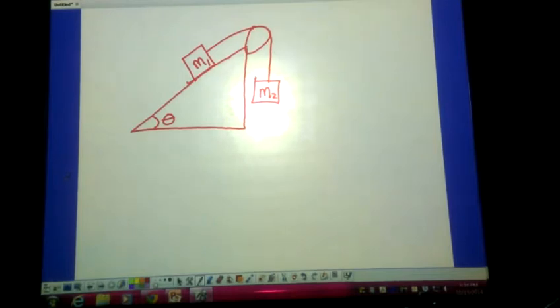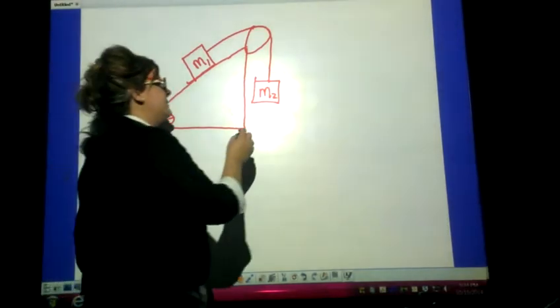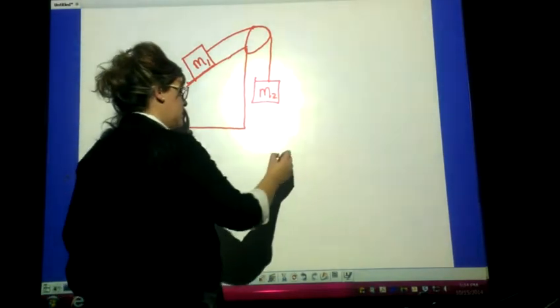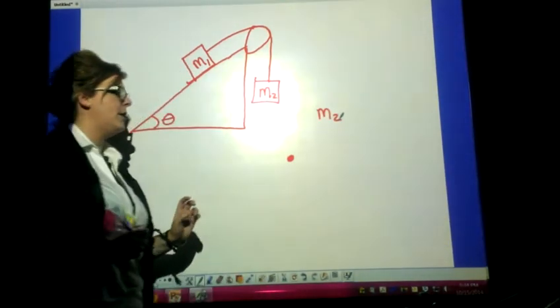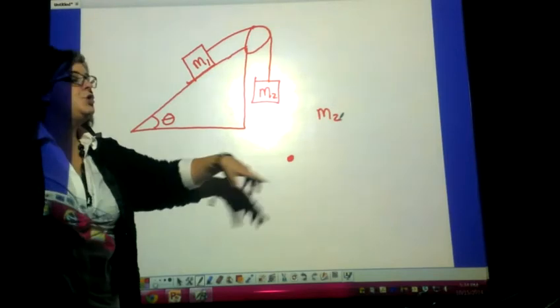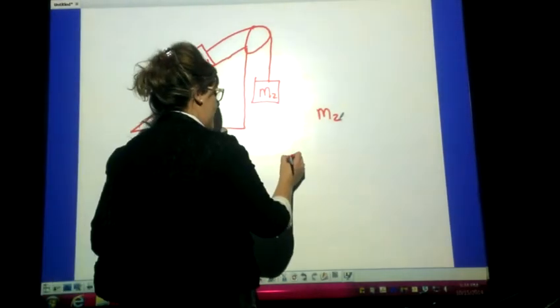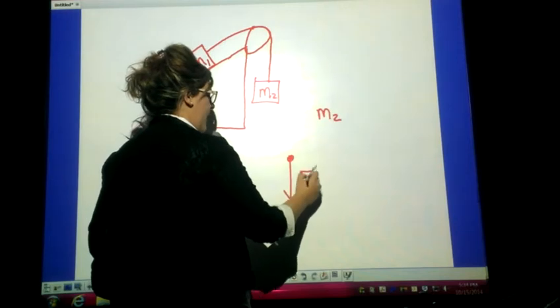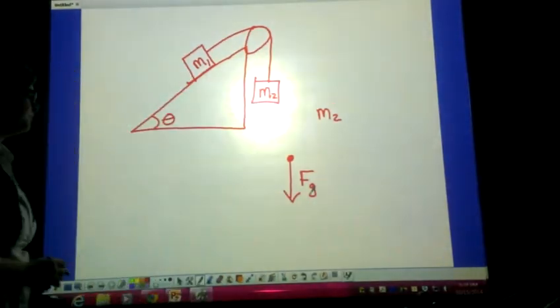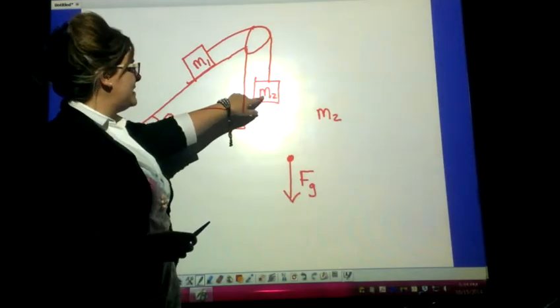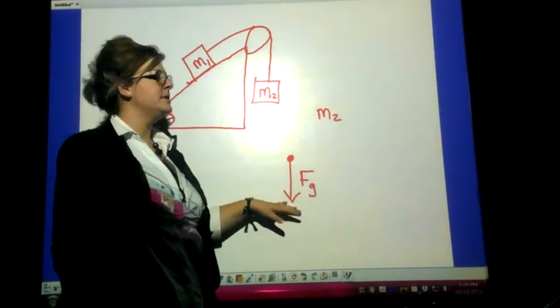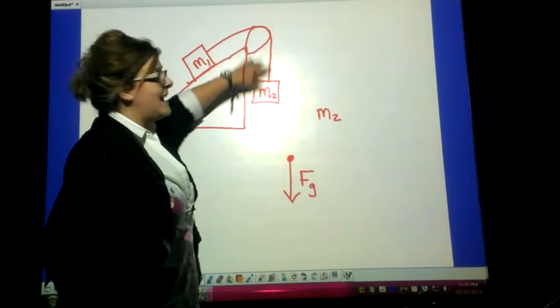If we're looking at mass 2, I'm asking you, what are the forces that are acting on mass 2? So mass 2 has a weight force, of course, so I'm going to represent mass 2, and I'm just going to call M2 over here to label it. Mass 2 has a weight force. We know it has a weight, so we're going to call that F sub G. And then the only other thing that's acting on mass 2, other than its weight force, is going to be tension.